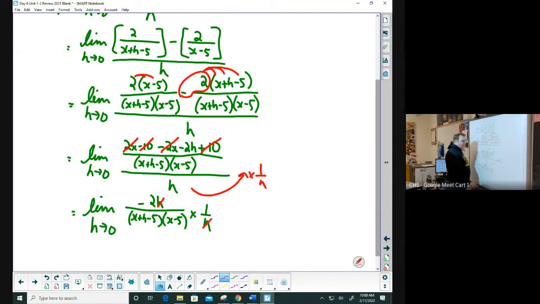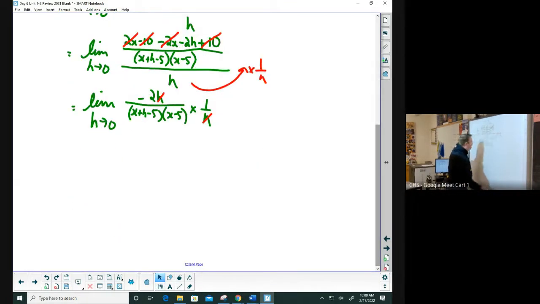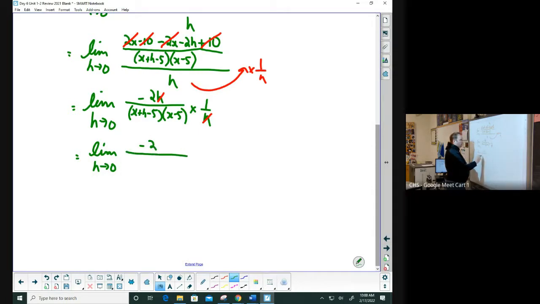H divided by h equals 1. And I'm left then with the limit as h approaches 0 of negative 2 over x plus h minus 5 and x minus 5.